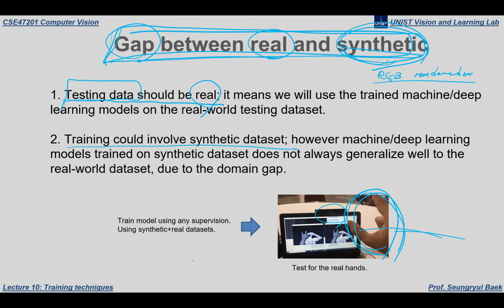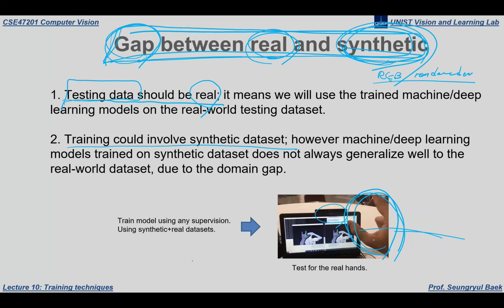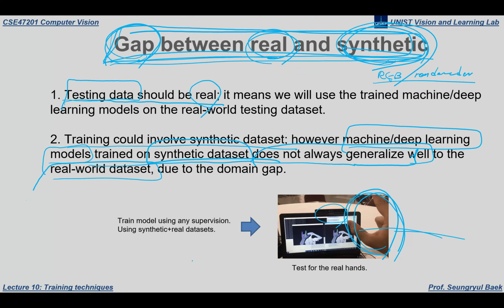But there's a gap between real and synthetic, and even humans can feel that the synthetic data is more like animation, not very realistic. So the problem here is that a machine learning, deep learning model trained on synthetic data sometimes does not generalize well to real world data due to that domain gap between real and synthetic data.